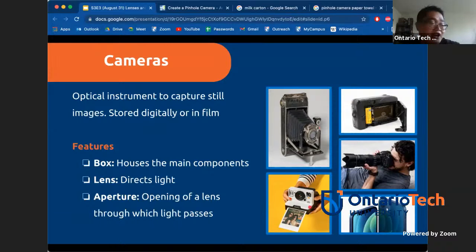Nowadays, a lot of people use these really large cameras. Photographers use cameras with large lenses, as you can see over here, to capture photos from a far distance to get a very crisp, clear photo. People can use these on trips to keep mementos.